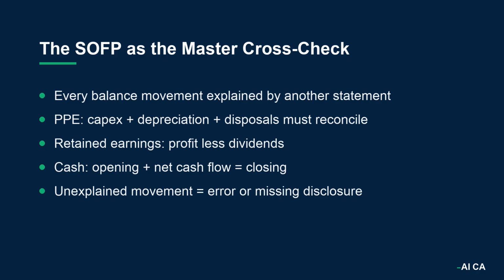Retained earnings moved. Check profit from the income statement and dividends from the changes in equity. If you cannot explain a movement, either there is a misclassification, an error in the ledger, or a disclosure is missing. This systematic linkage is the foundation of both a sound financial statements review and an effective audit approach.